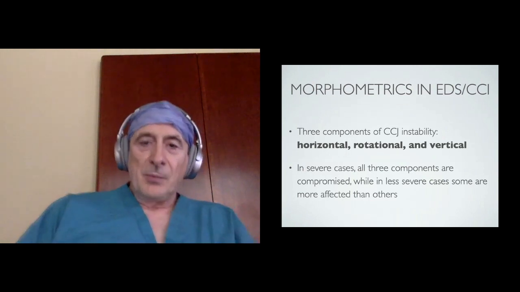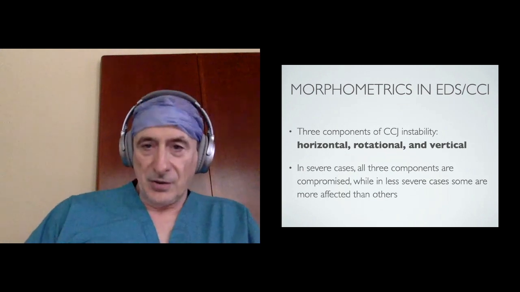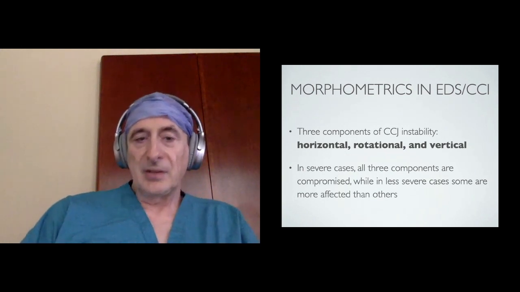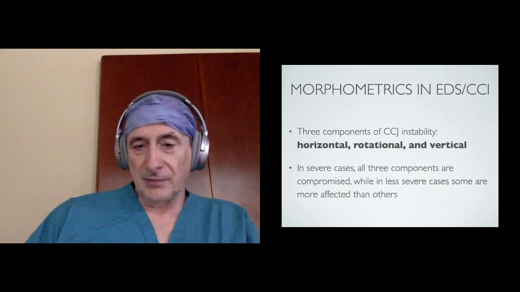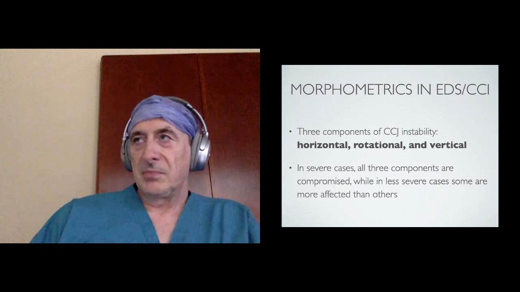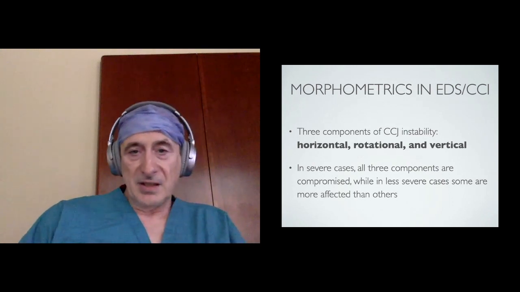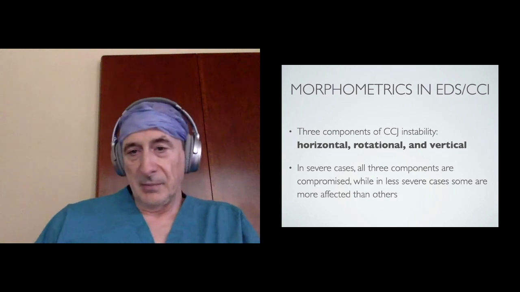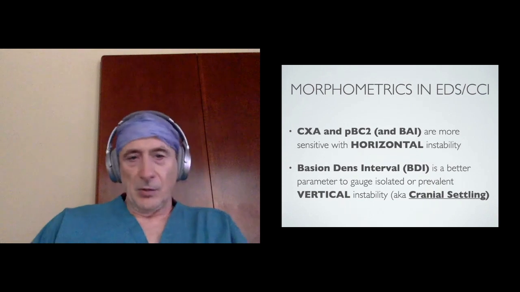Now, there are three components of the craniocervical junction function and the relative instability. So one is the horizontal plane, one is the rotational direction, one is the vertical. So in severe cases, all three can be affected, but in less than severe cases, one or two of them can be affected. So this is what needs to be known.